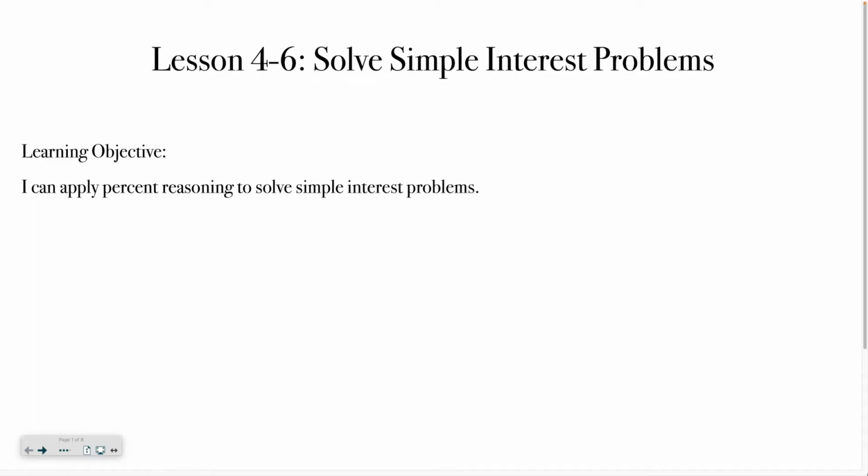We often look at interest as always applying to money, and usually it is in reference to taking out a loan to buy something. Maybe you don't have enough money for whatever you need to buy, whether it's a car, a house, or going to college.